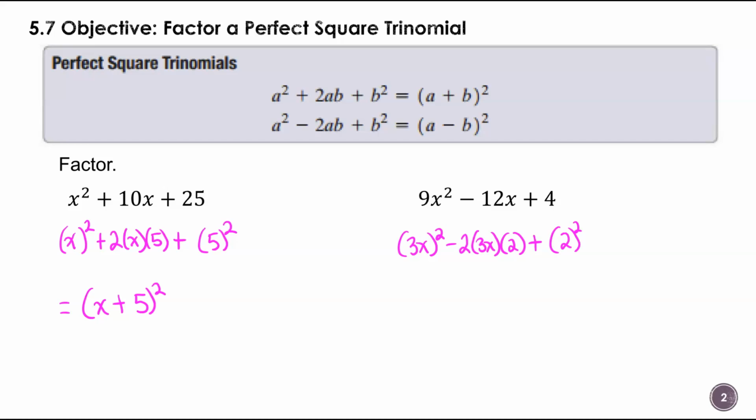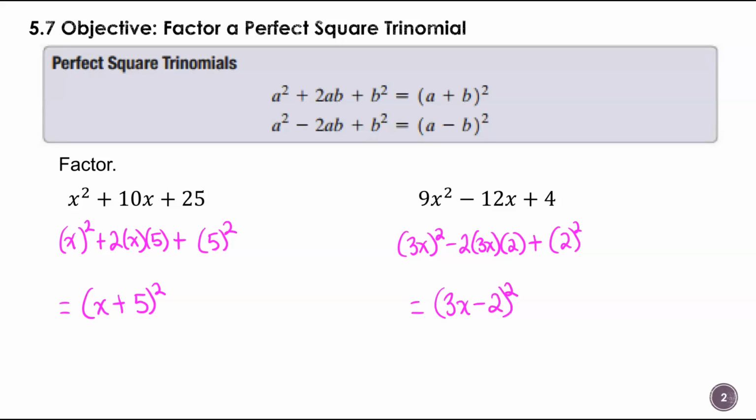All right, so let's look at this. We already know that 3x squared is 9x squared and 2 squared is 4. So the middle term, negative 2 times 3x is negative 6x. Negative 6x times 2 is negative 12x. This is a perfect square trinomial, so it factors as 3x minus 2 quantity squared.